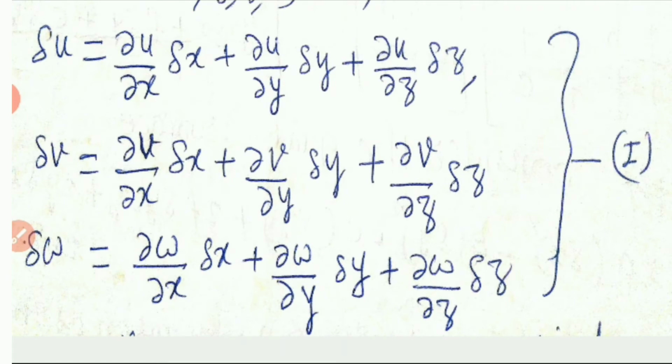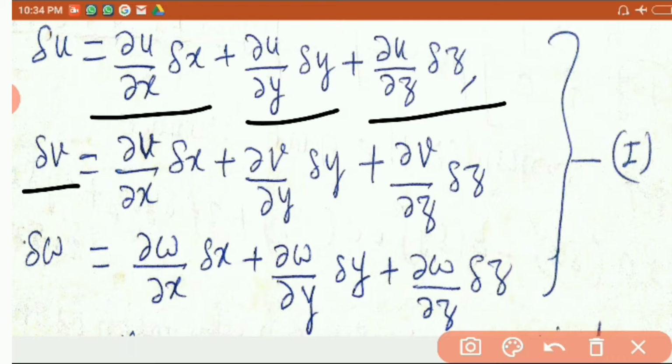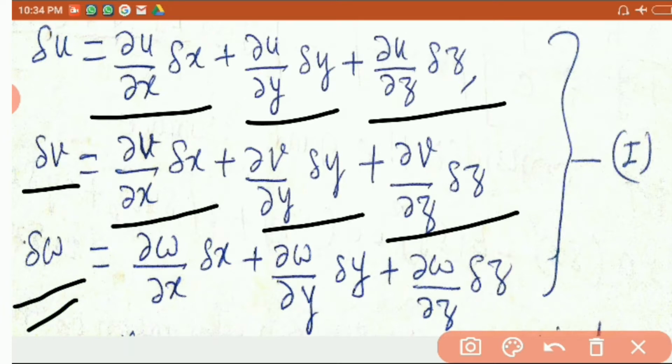First, delta u is equal to dou u by dou x delta x plus dou u by dou y delta y plus dou u by dou z delta z. For delta v, dou v by dou x delta x plus dou v by dou y delta y plus dou v by dou z delta z. And delta w is equal to dou w by dou x delta x plus dou w by dou y delta y plus dou w by dou z delta z. This is the system of equations first.